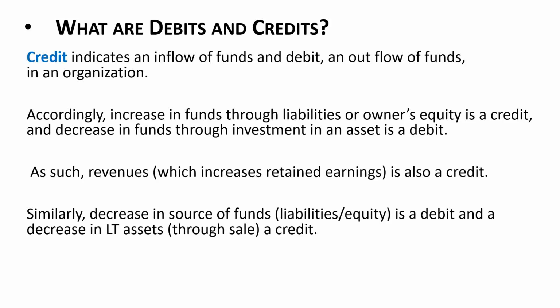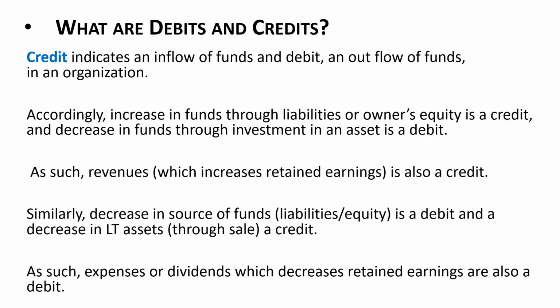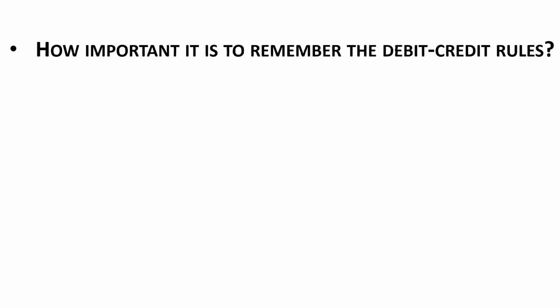An increase in accounts payable means funds are coming, it's a credit. When you're paying off your accounts payable, funds are leaving, it's a debit. And decrease in assets, you're kind of selling an asset, right? So that means money is going to come, it's a credit. As such, expenses, those initial expenses, or when you distribute dividends, funds are leaving, right? So it's a debit.